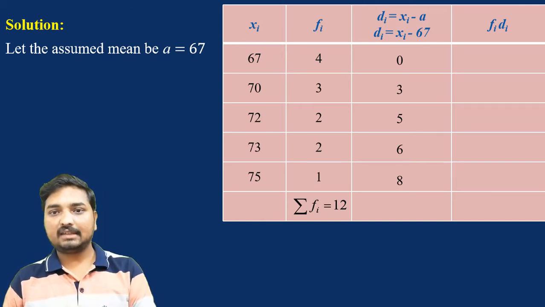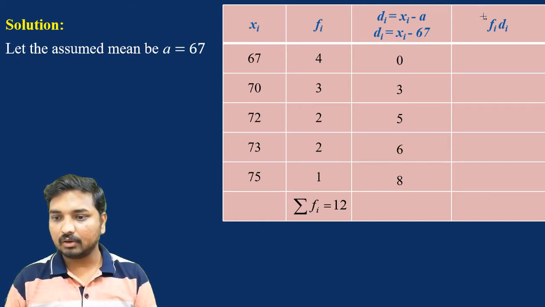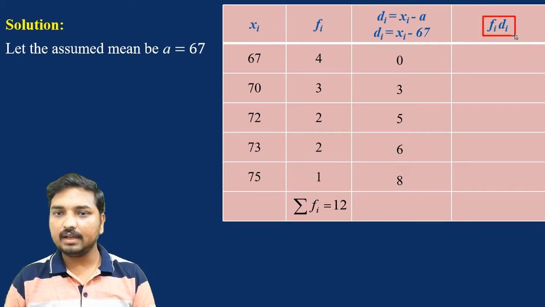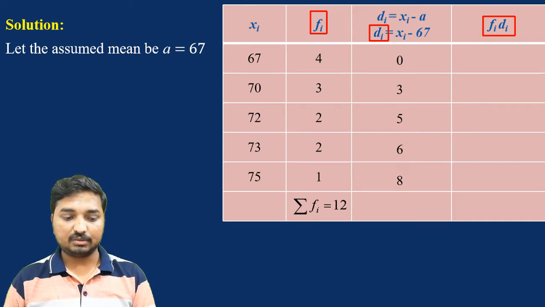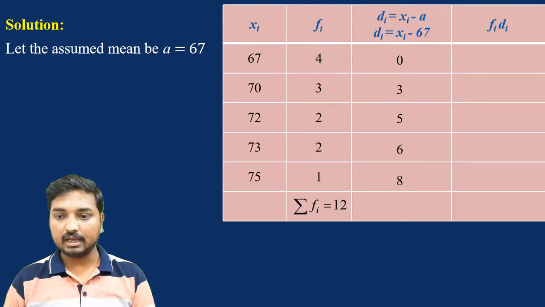Now the next thing is, look at the last column. It is fi into di. This is the frequency column, and you need to multiply the frequency by di. So you need to multiply the second column and third column, and write it in the last column, called fi into di. Now look here, I'm going to multiply these two columns.